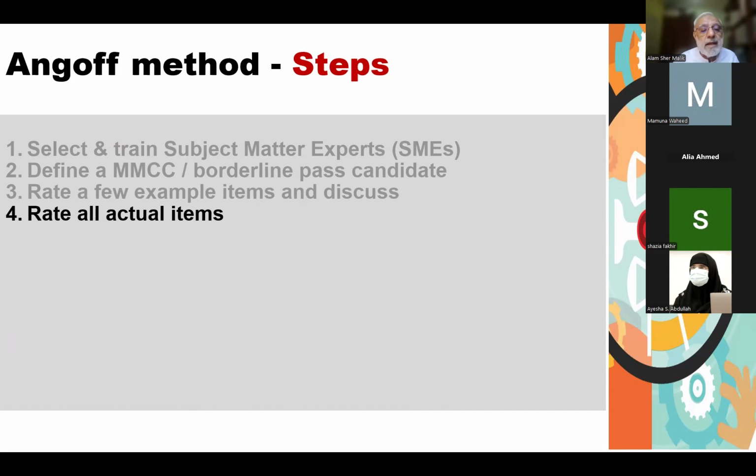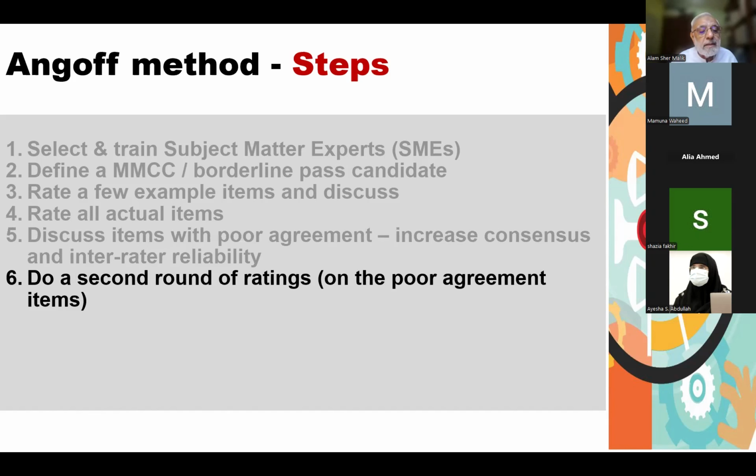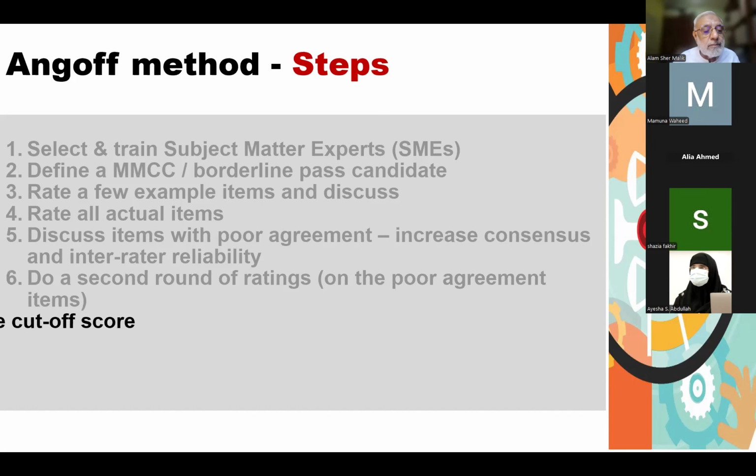Then we give them the actual items and ask them to rate those items. And if there is some disagreement, then we ask them to discuss again and come to a consensus on those items where there is poor agreement. And then they would sort it out in the second round.